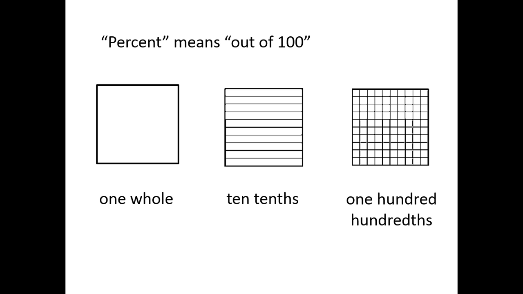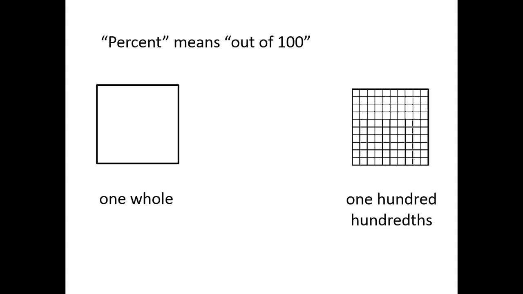We said that decimals were fractional parts of a whole that had denominators that were powers of 10. Well, the important thing about percents is that we're really thinking about just those 100 hundredths, since percent means out of 100. So a percent is really a very specialized kind of fraction, which means it's a very specialized kind of decimal number as well.